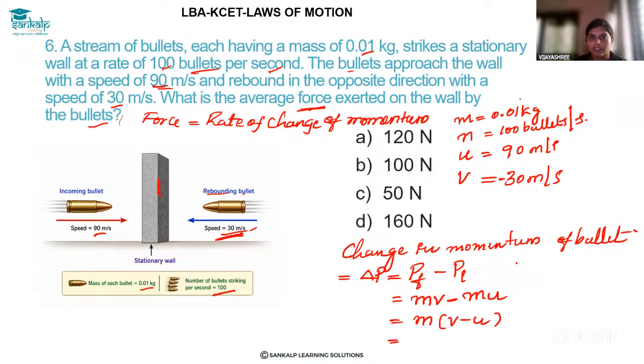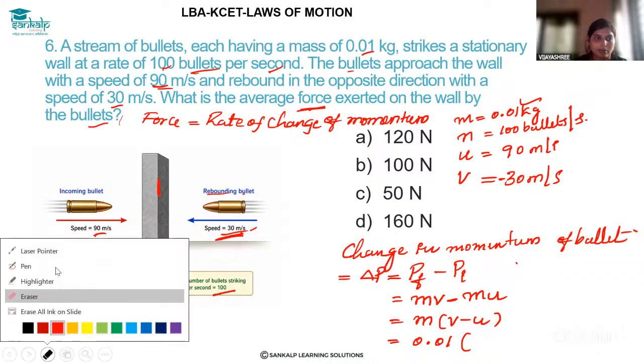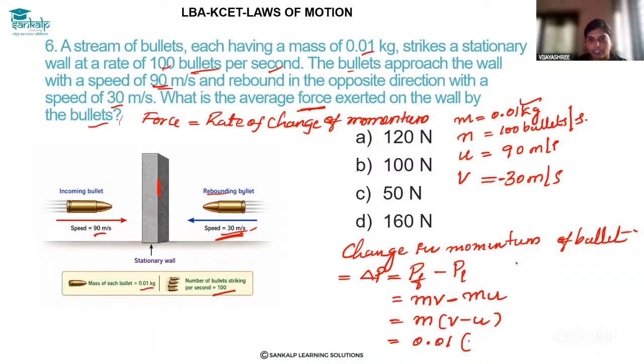What is the mass? It is 0.01, into final velocity minus 30 meter per second, minus initial velocity 90 meter per second. Now I will go to the next slide. Just note it or take a screenshot of this.